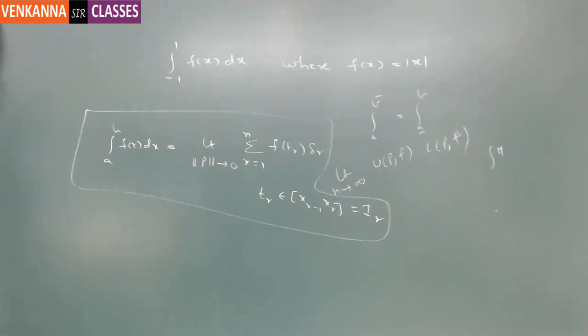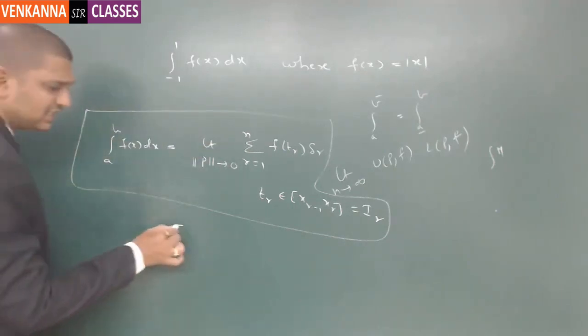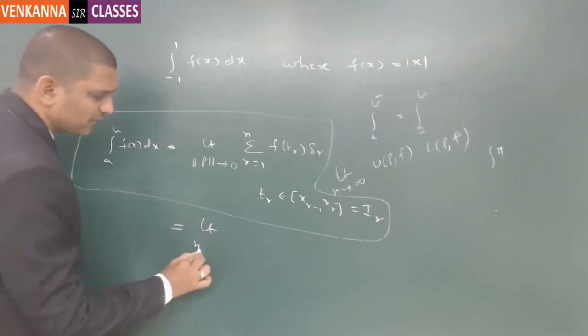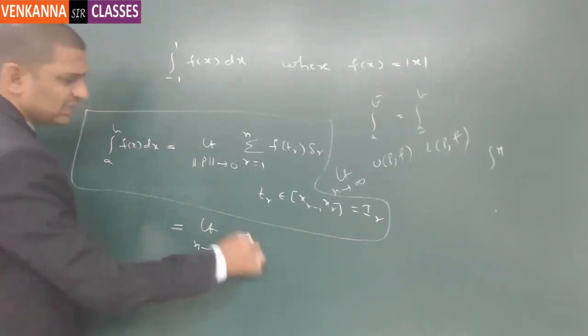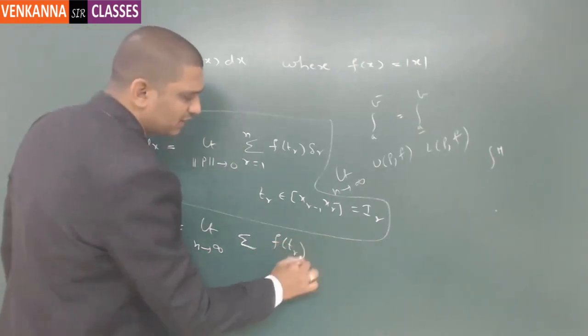The point t_r is taken in the rth subinterval, delta_r is the length of the interval, and as norm P tends to 0 you have taken the finest possible partition. Since norm P tends to 0 is equivalent to n tends to infinity, this definition is equivalent to the limit as n tends to infinity of the summation of f(t_r) into delta_r.